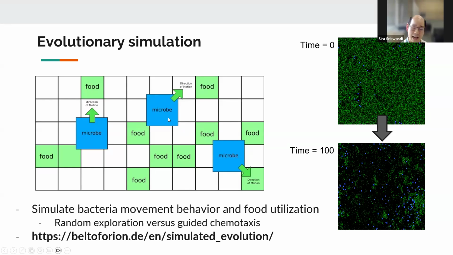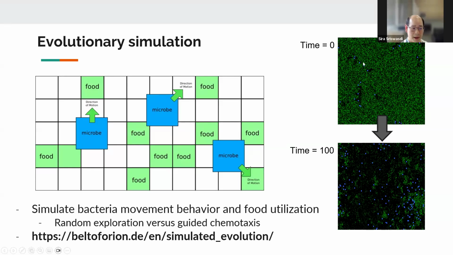So we can write this kind of simulation in Python or in R, better in Python, to simulate the growth, the number of microbes. If the microbes can run into a food, then it might be able to get the nutrient, get the energy, and then multiply from 1 to 2. So we can run the simulation.